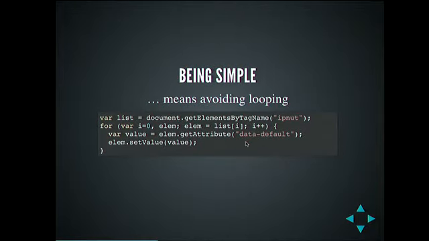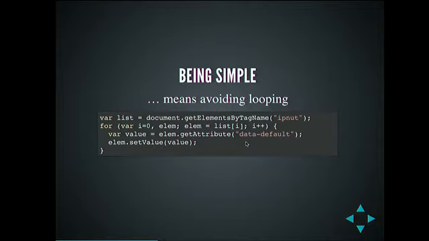So moving on to looping. Looping is something we do all the time. Especially when we're working with DOM, you're getting all the divs on the page, and you have to loop through them. You're getting all the input elements, and you're looping through them.